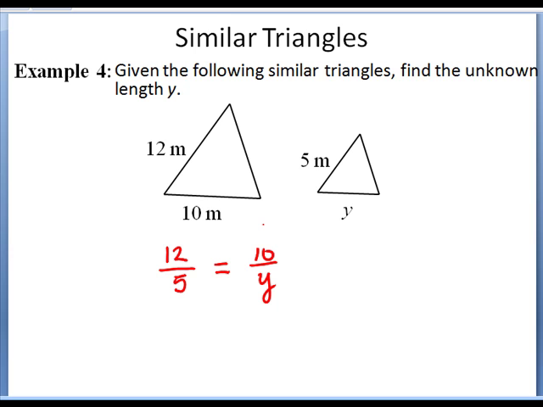Now pay attention: this side here, 12, for the bigger triangle, over the same side here for the smaller one, ratio equal to 10 over y.